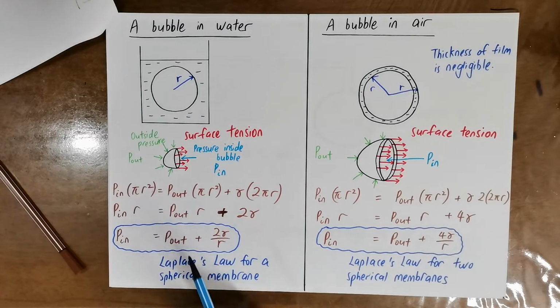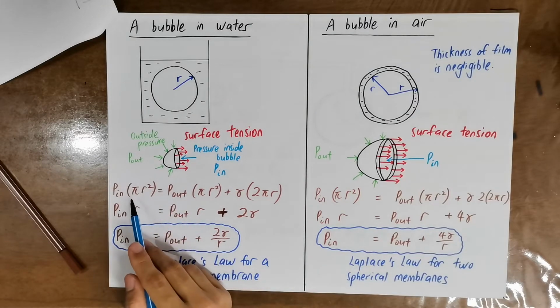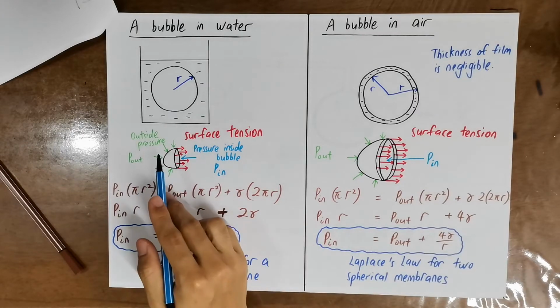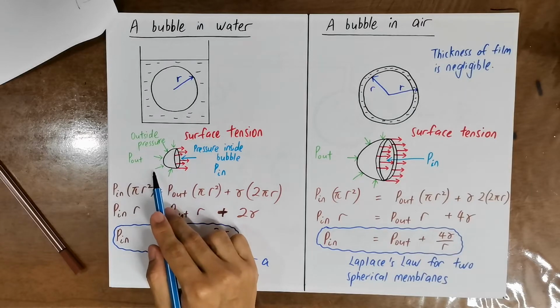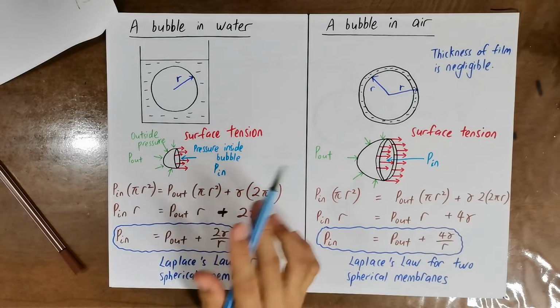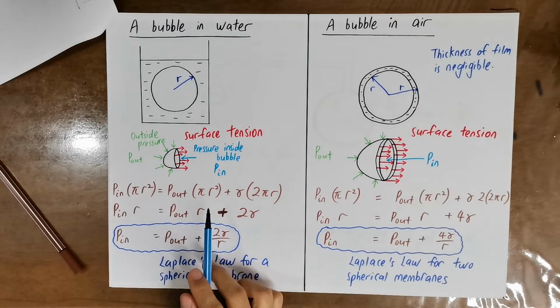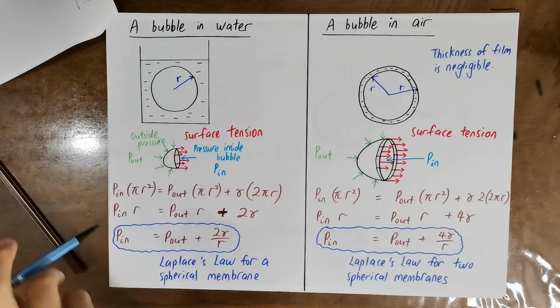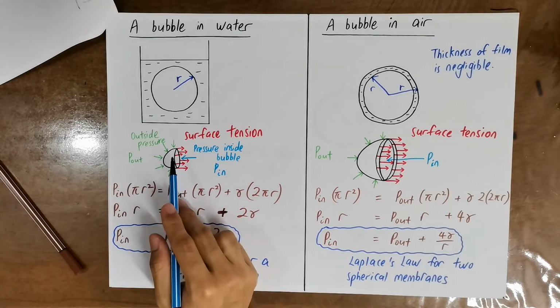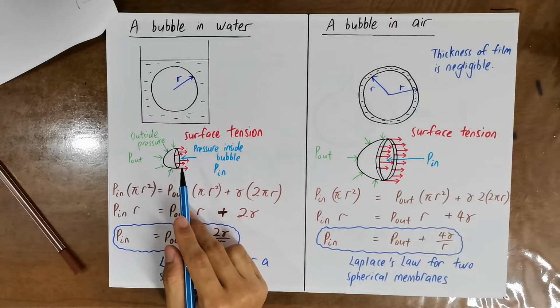We use effective area so that we don't have to resolve the forces into horizontal components; we can straight away use the effective area, and the force is in the horizontal direction only. The key part is that you use 2 pi r, because this is the effective length where the surface tension acts.